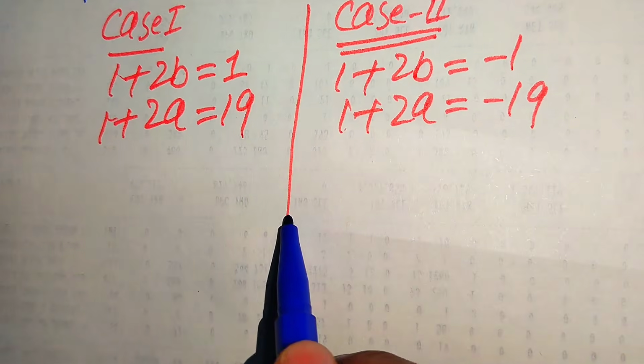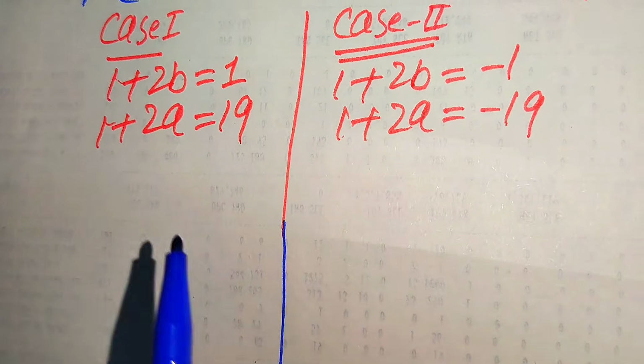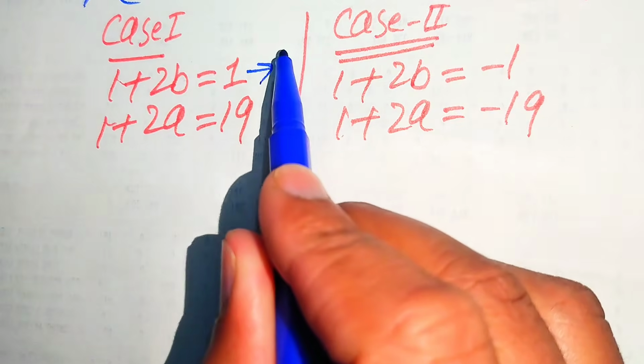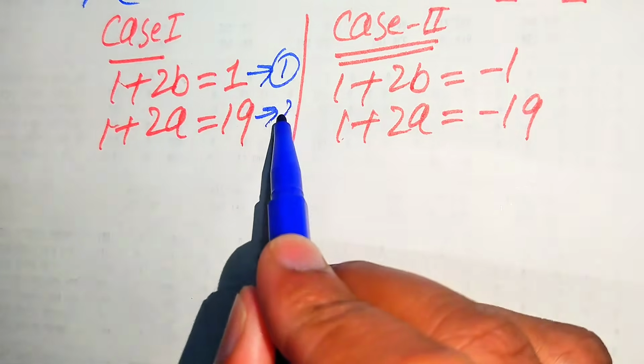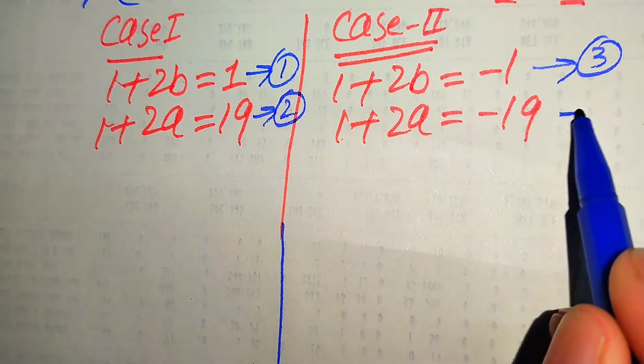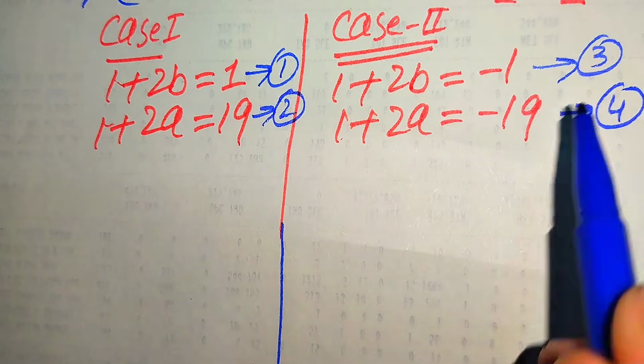So first we solve case number 1. We call this equation number 1 and this equation number 2, and this equation number 3 and this equation number 4.